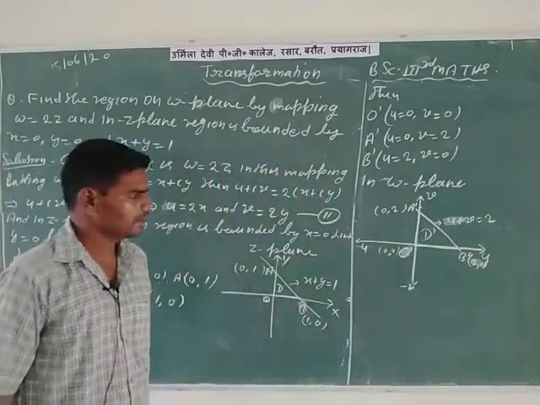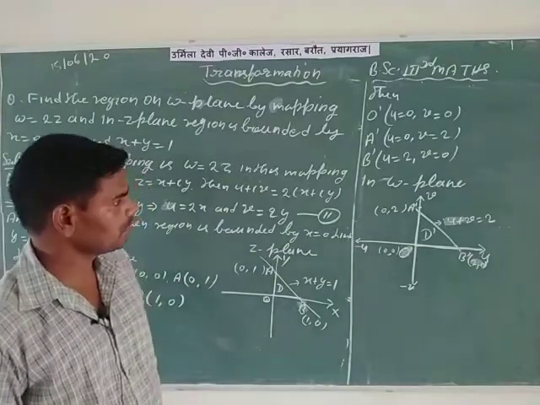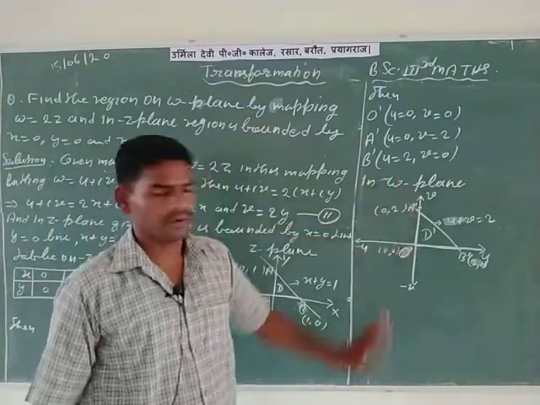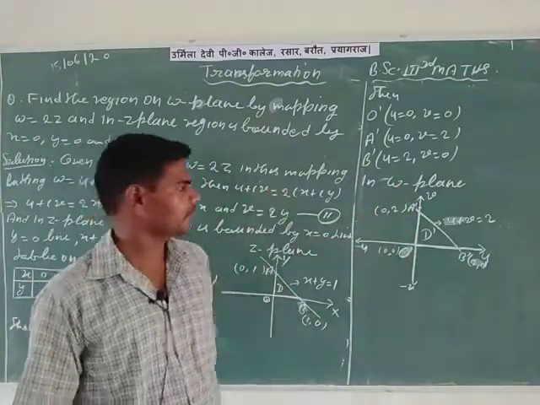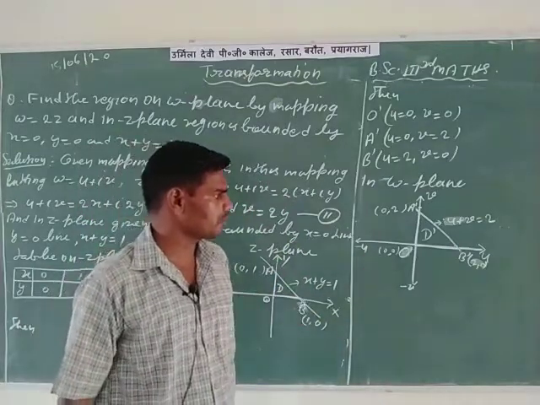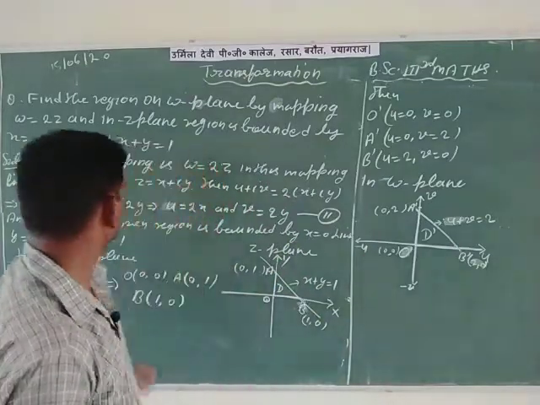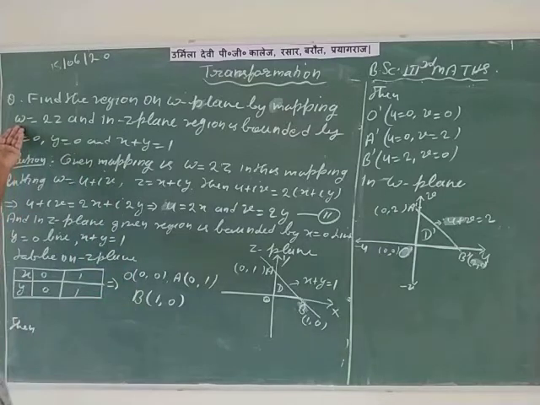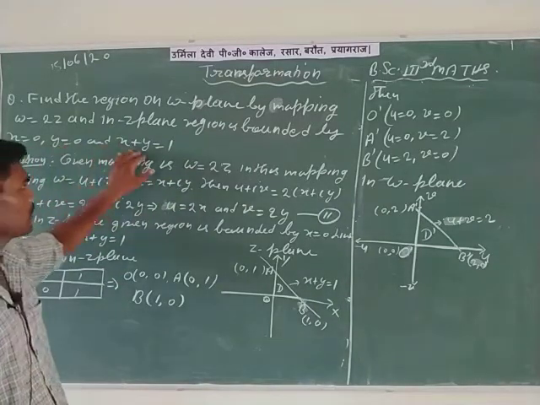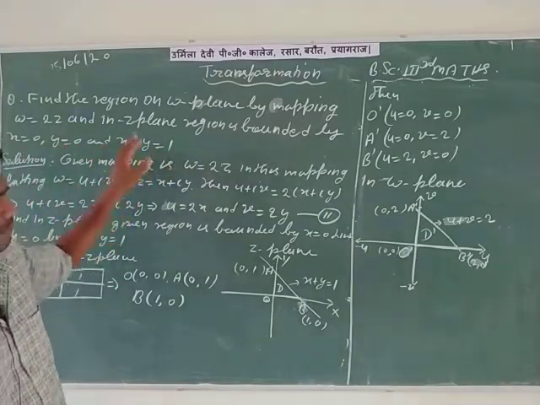Capital D dash is shown in the figure on the W plane. So this is what the question requires: find the region in the W plane for which the mapping is W is equal to 2Z, and in the Z plane the region is bounded by x equal to 0, y equal to 0 and x plus y equal to 1.